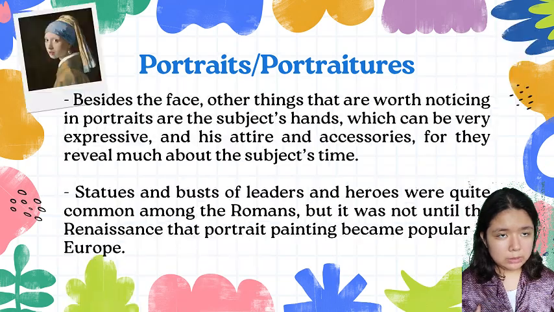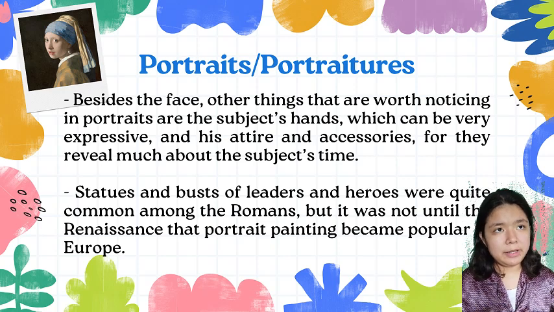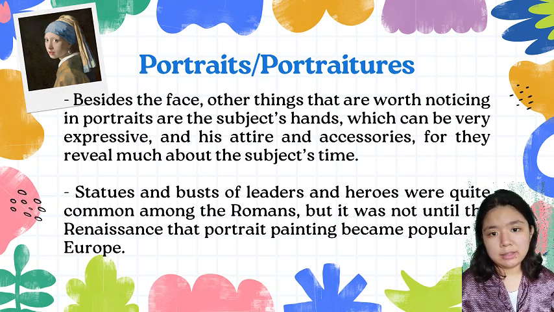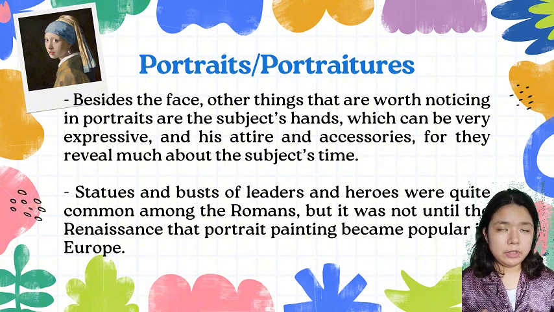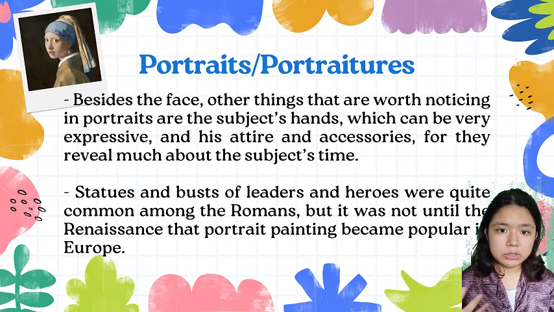For example, the Mona Lisa is an example of a portrait. Or a painting of Marie Antoinette. And the sculptures from Greek mythology that depict the stories of the gods and goddesses and their culture.